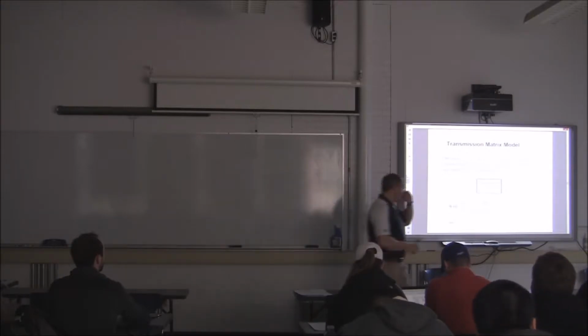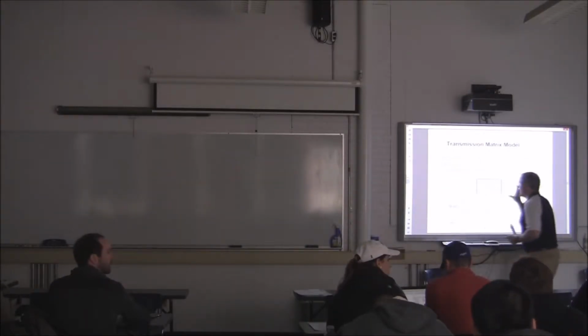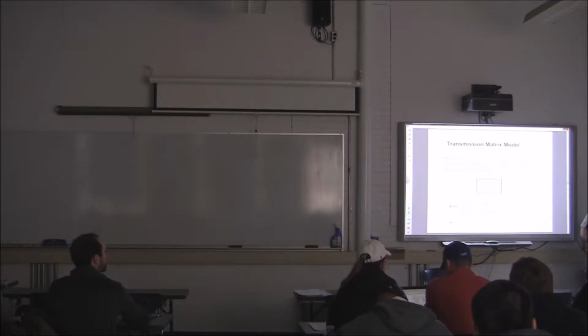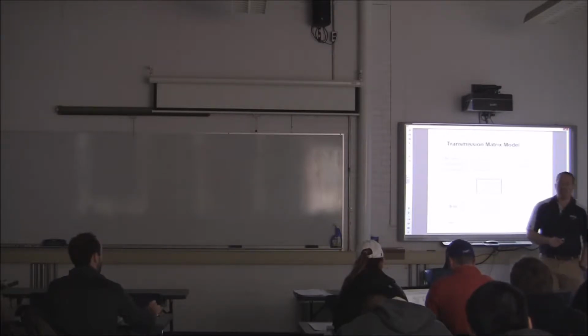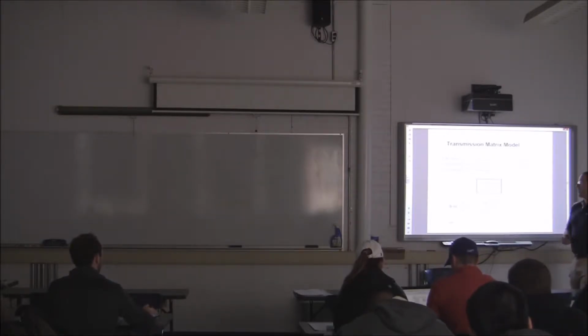So our transmission line now is just going to consist of a black box. What's in here? We don't care. All we know is that if we can solve for these A, B, C, D parameters, then whatever's inside the box, I don't need to know what it is. I just need these.